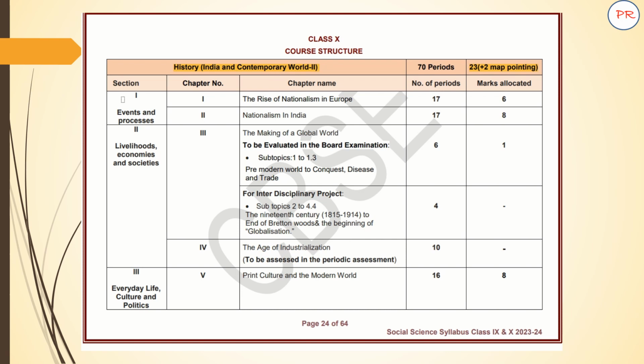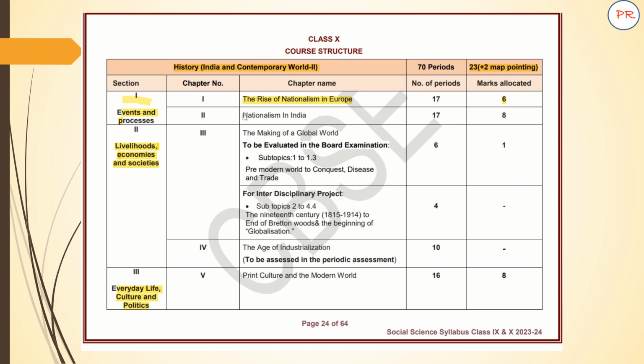History is divided into 5 sections: events and processes, livelihoods, economics and societies, everyday life, culture and politics. There are 2 chapters in the first section, that is the rise of nationalism in Europe, which will be asked for 6 marks.